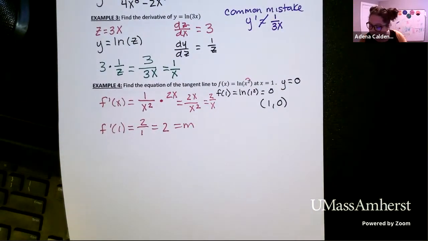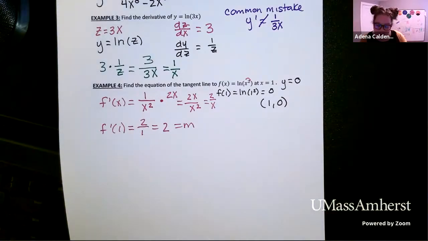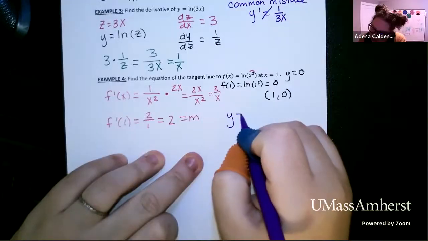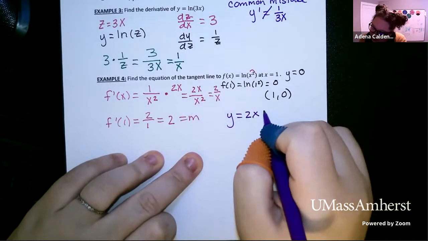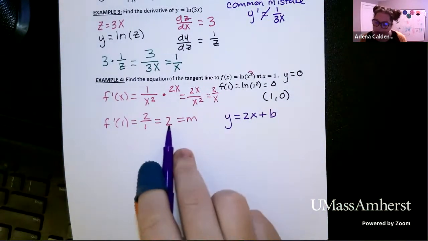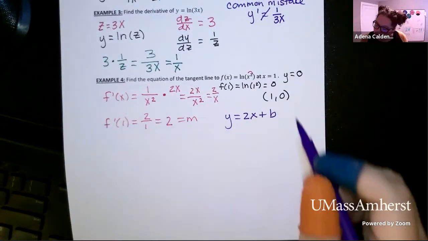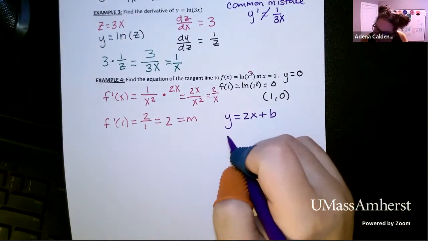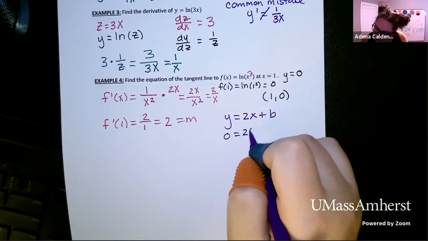So now we have to put everything together. We have our slope, we have our point. We're looking at y equals mx plus b here. So y equals 2x plus b. The 2 came from the derivative. Now we're going to use our point to be able to solve for b. So when x is 1, y is 0.